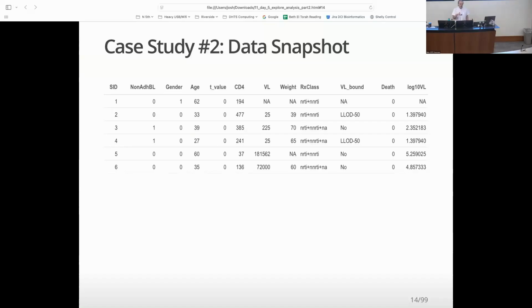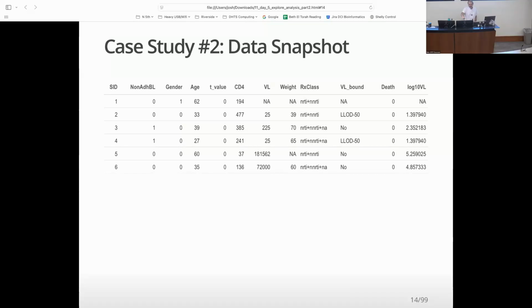To make things a little bit simpler, we're actually going to be looking at a study where measurements were made on the same subject. It's a longitudinal study. We'll talk more about that in a few minutes. It's a study where measurements were made of the individuals over an extended period of time.